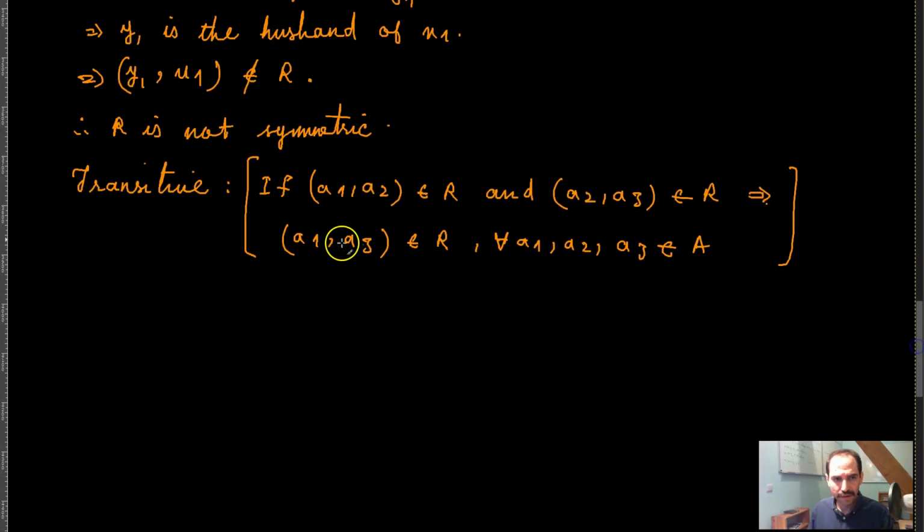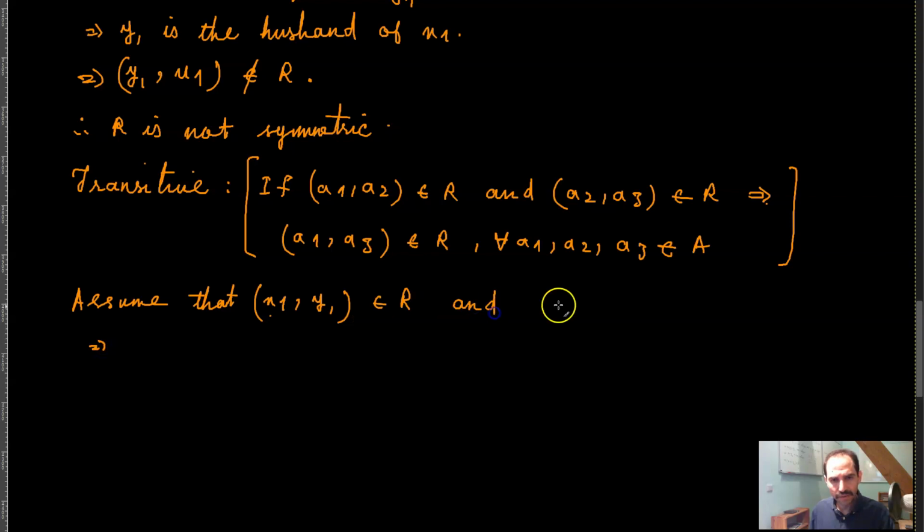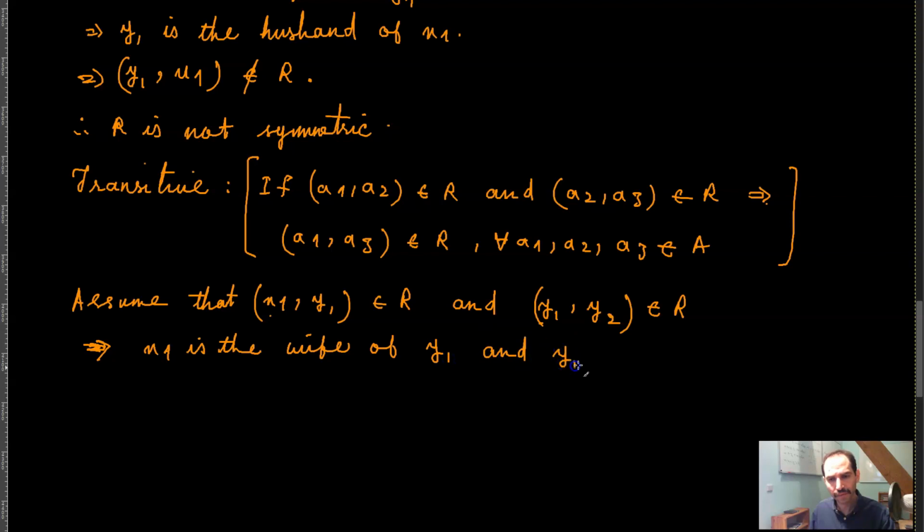Now let's assume that some (x1, y1) belongs to R, and also that (y1, y2) belongs to R, which means that x1 is the wife of y1 and y1 is the wife of y2.